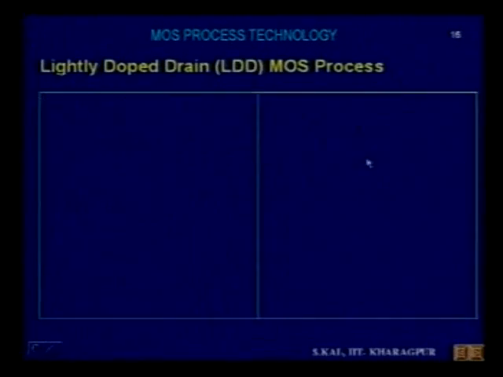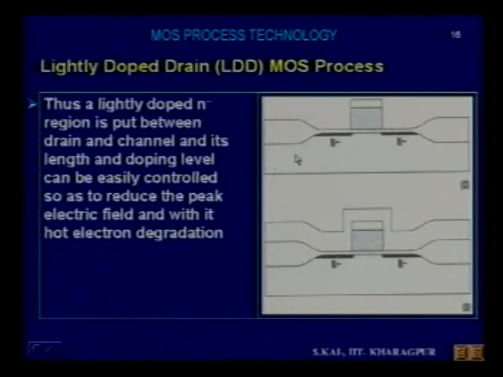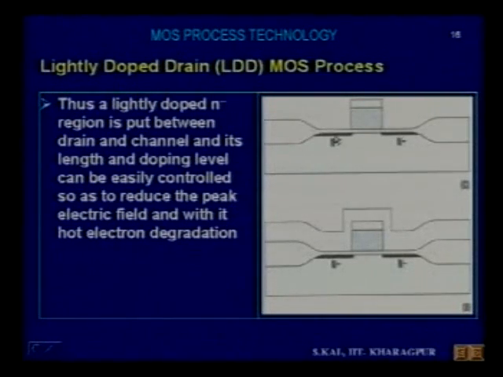Now coming to the next slide. Here you see moderately doped N, that means phosphorus has been implanted, and we have written N minus here. A lightly doped N minus region is put between drain and channel. This is the drain and the channel, this is the source and the channel, and below the oxide this is the channel region. This N minus is put in between drain and channel, and its length and doping level can be easily controlled so as to reduce the peak electric field, and with it hot electron degradation.